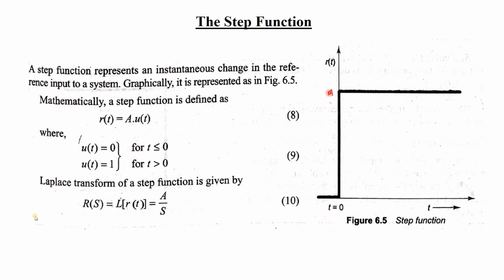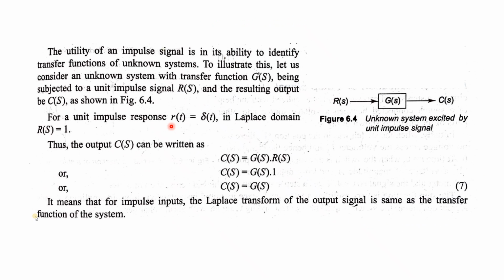If A is not equal to 1, then we call it a simple step function. u(t) will be 1 when t is greater than 0. So if you multiply A with 1, the answer will be A, and if A is 1, then the whole r(t) will be 1. So if you supply a unit step function, the output will be 1, but in time domain.